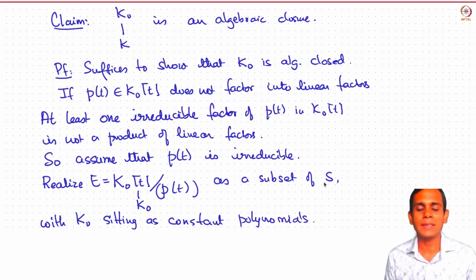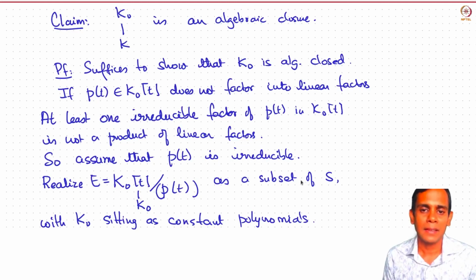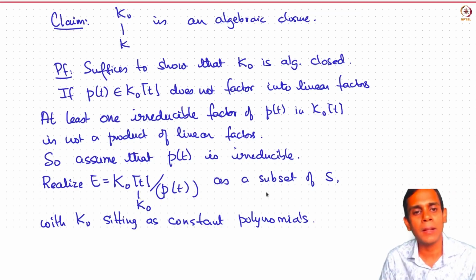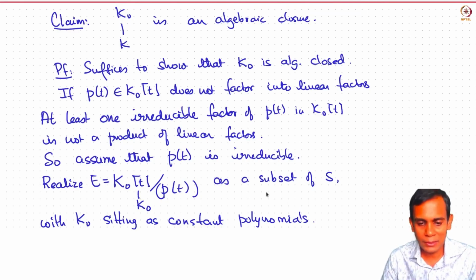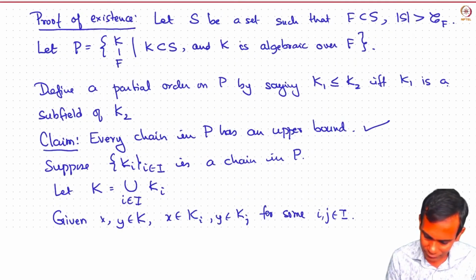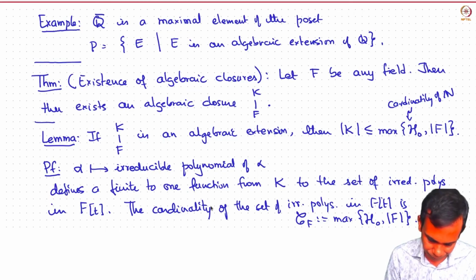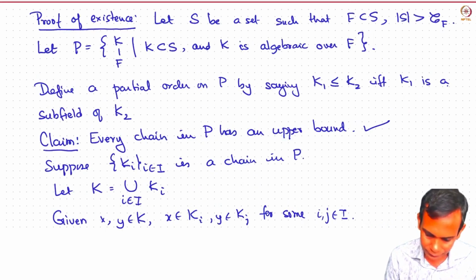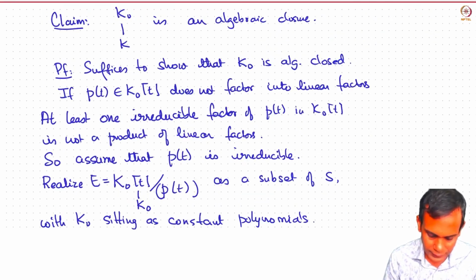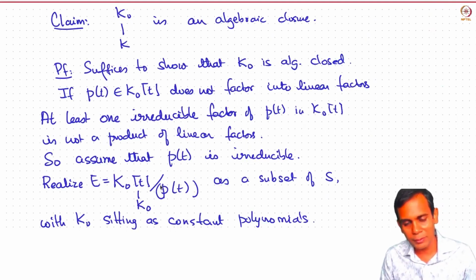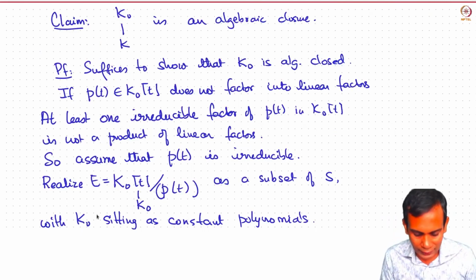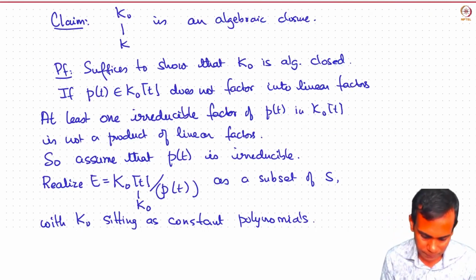The reason we can do this is that S has a larger cardinality than K0, because the cardinality of K0 is this cardinality that we've written down here, the maximum of Aleph naught and the cardinality of F. But S has cardinality strictly larger than that cardinality. So then there's enough space inside S to take this polynomial ring and embed it inside S in a way that it puts K0 as constant polynomials.